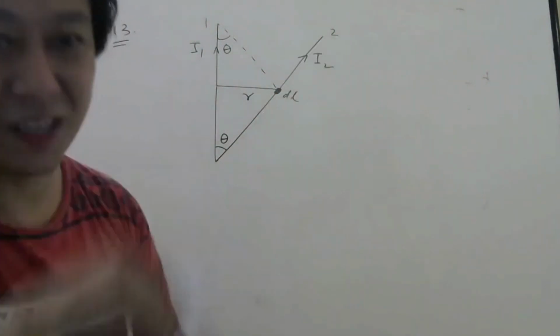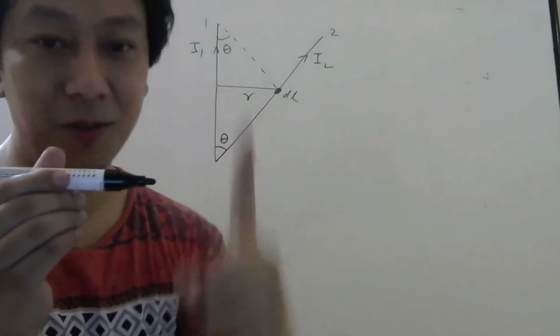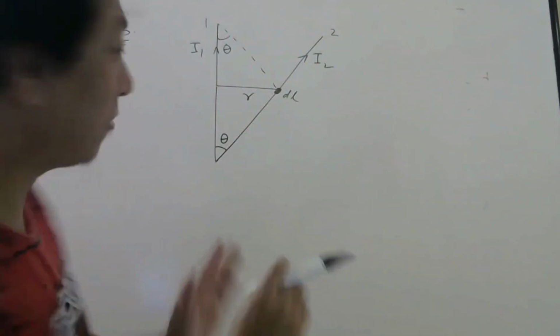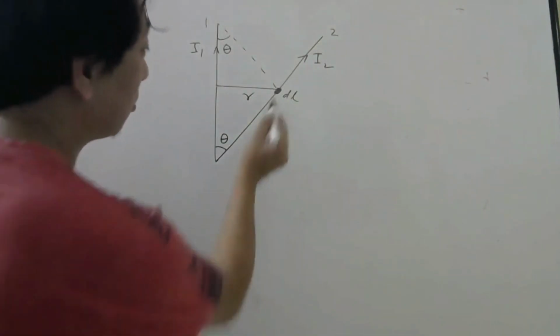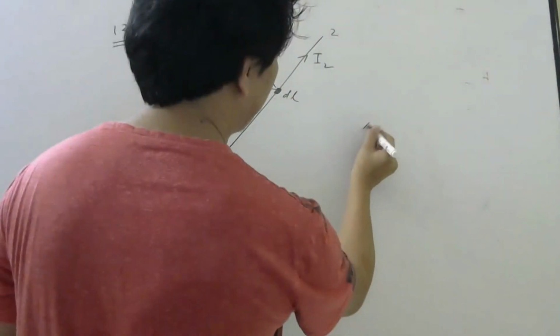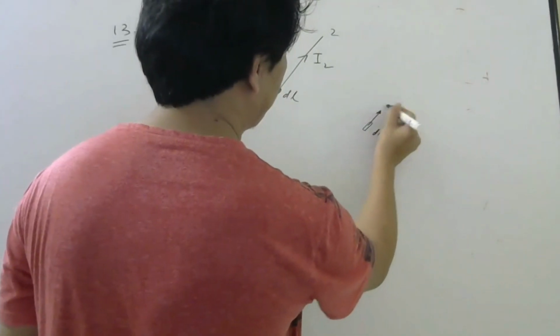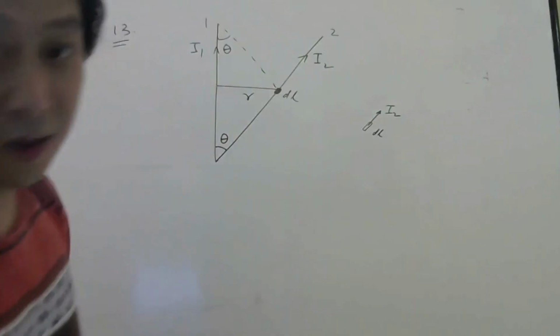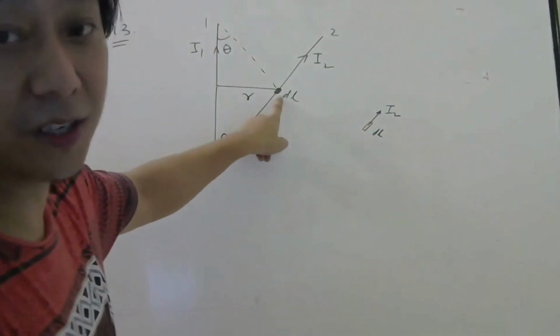Whole wire means you have to integrate, like I did with the kind of wire that was perpendicular to the first wire. You only have to find the force on this part. This is dl, and the current here is I2. So we just need to calculate the magnetic field at this location due to this wire.